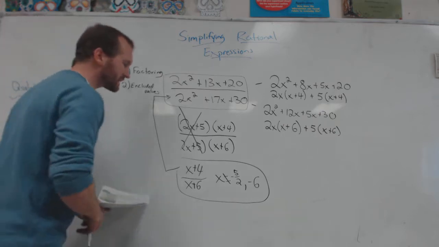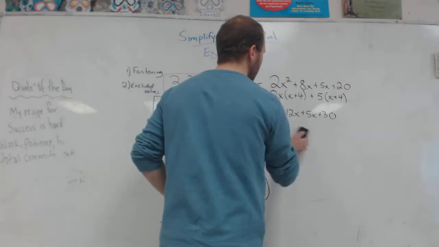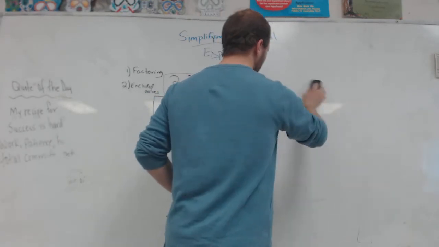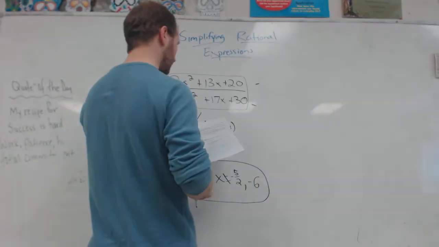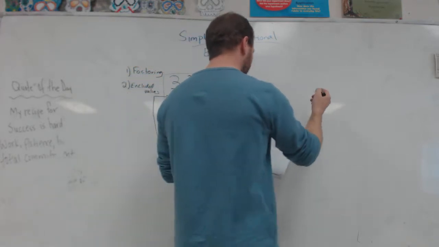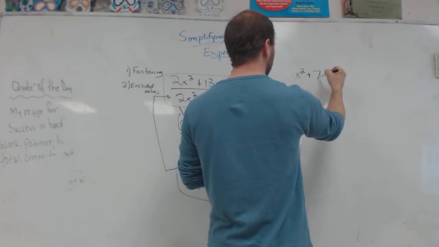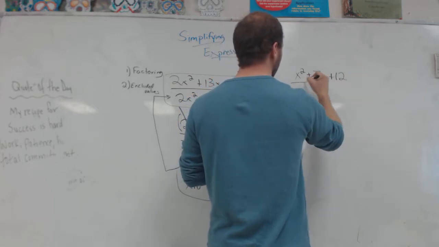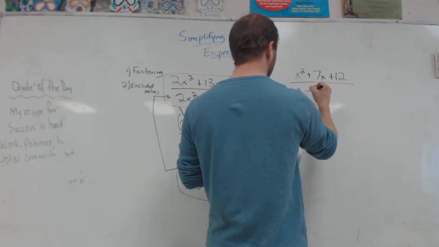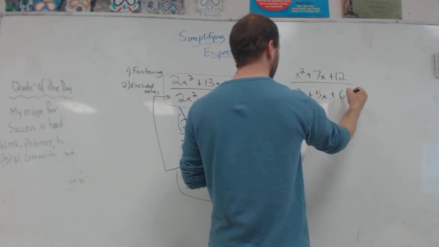Well, watch. Let me do a simpler example, just because this one will be kind of miserable. So what if I just had, what was that first one that we did? So what if I had x squared plus 7x plus 12 over x squared plus 5x plus 6.